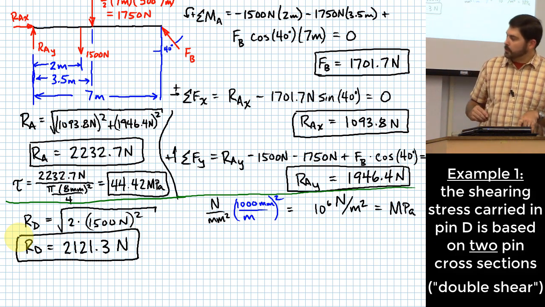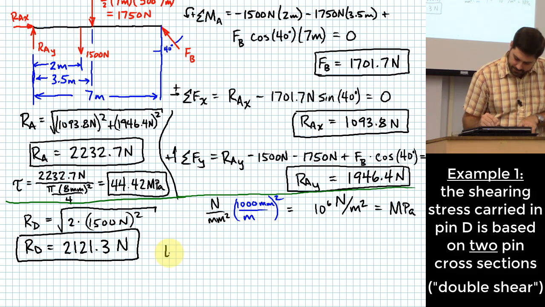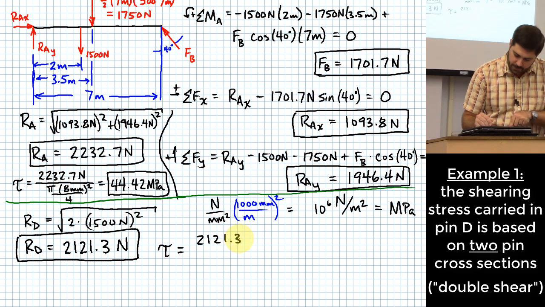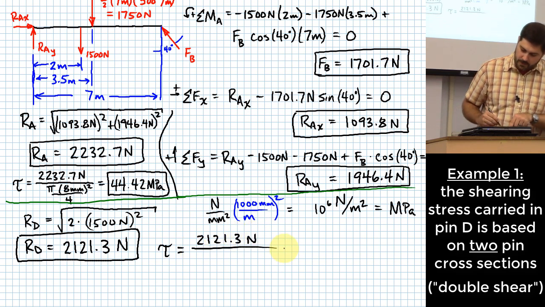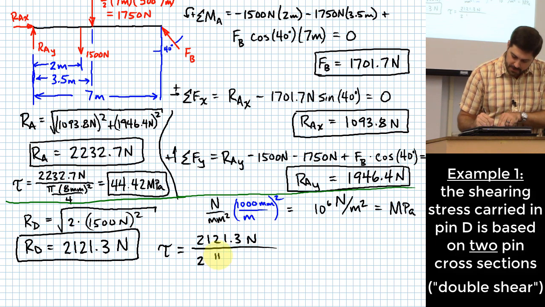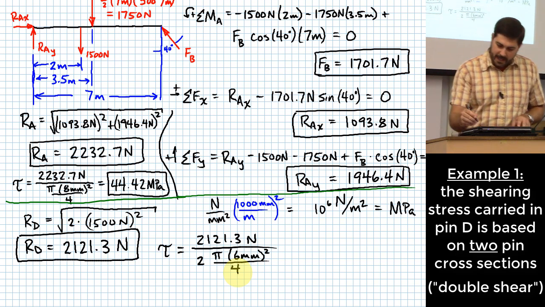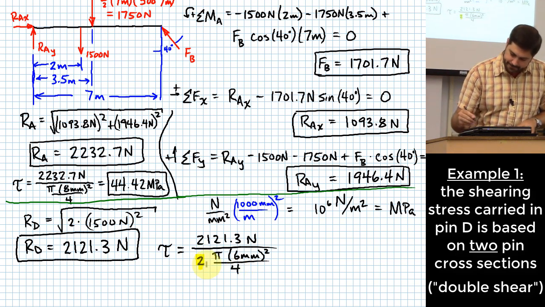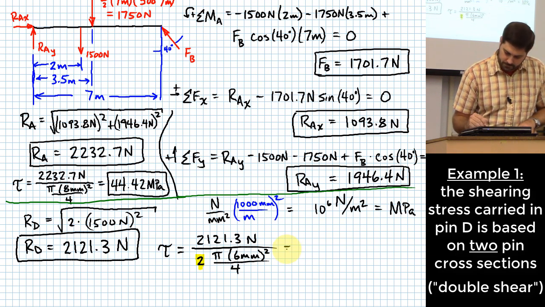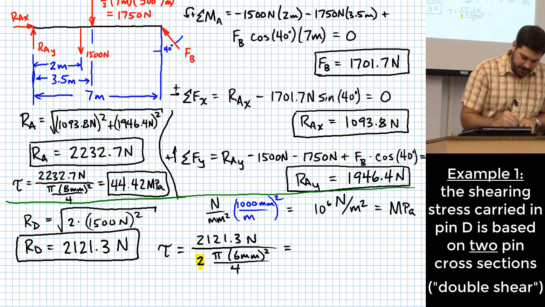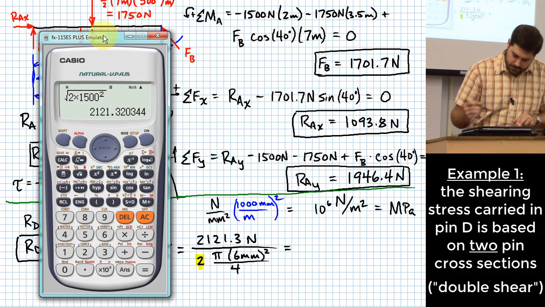Okay, so stress would be what? The force is 2121.3 newtons. Cross-sectional area is going to be 2 times pi times, it was 6 millimeters, right? Okay, and again, that 2 is in there because there are 2 shear planes. So let me go ahead and start punching this in.